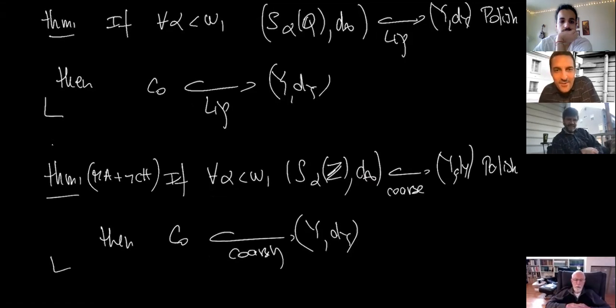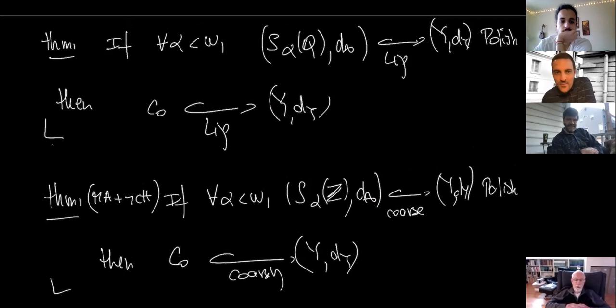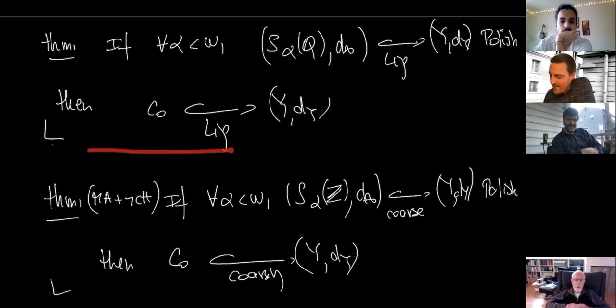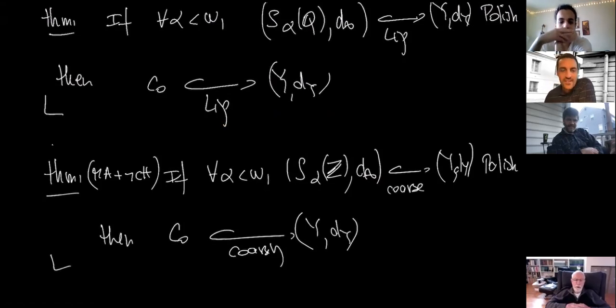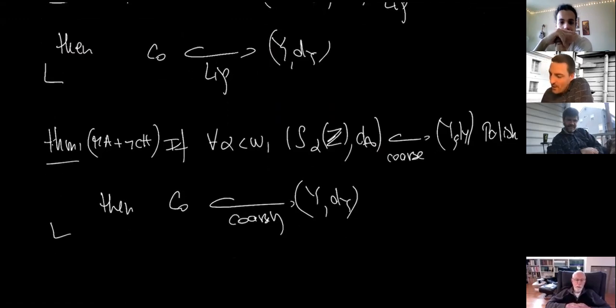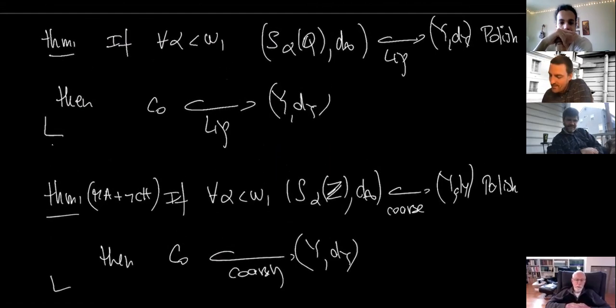Maybe if I do a good job explaining the Lipschitz result, I will give you enough hints to guess how we use Martin's axiom plus the negation of the continuum hypothesis for the coarse result. So I will focus on the Lipschitz result, because if you understand it, it will be easier to see what has to be done for the coarse result.